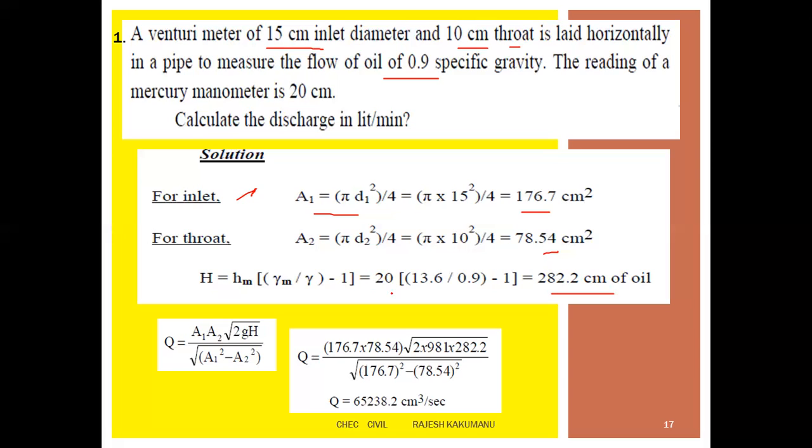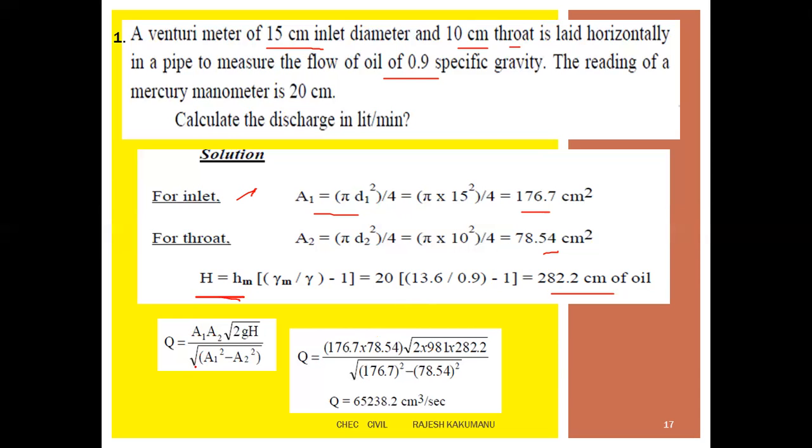Now, what is the formula for Q that you derived in the first case? Q is equal to A1 into A2 root 2GH divided by root of A1 square minus A2 square. Applying all the values: A1 is 176.7, A2 is 78.5, root of 2 into 9.81 into H, where H is 28.2.